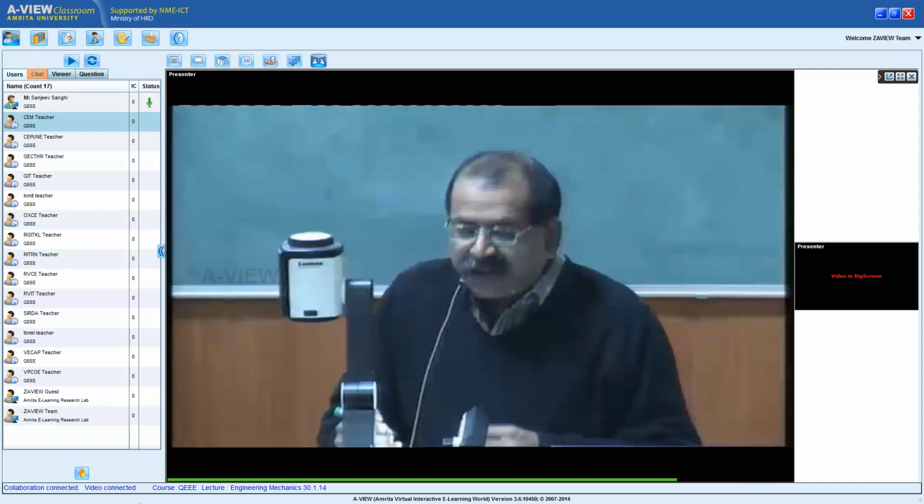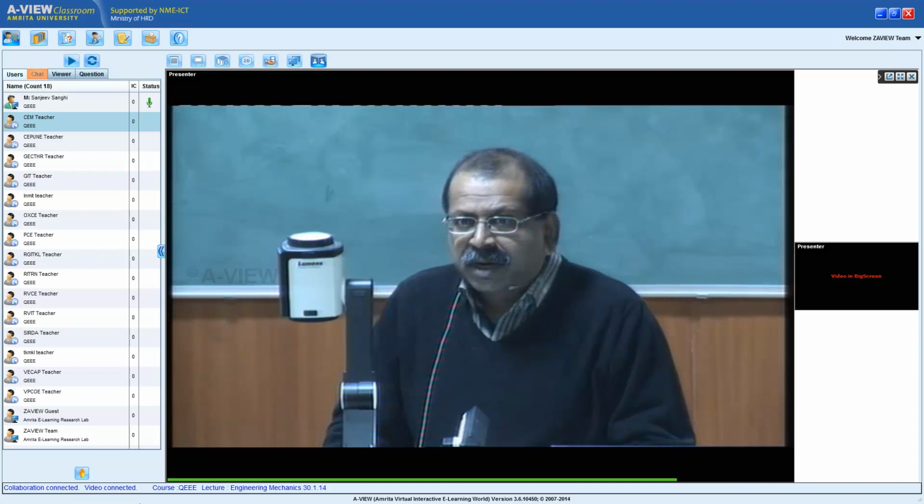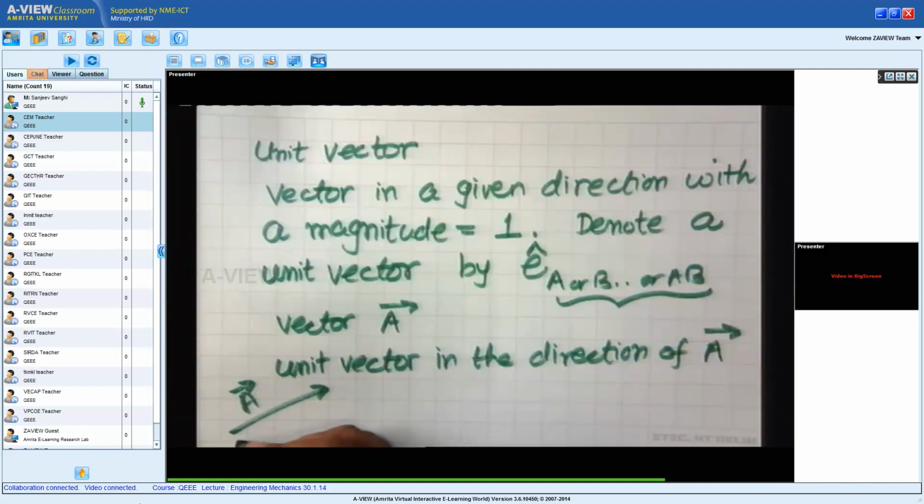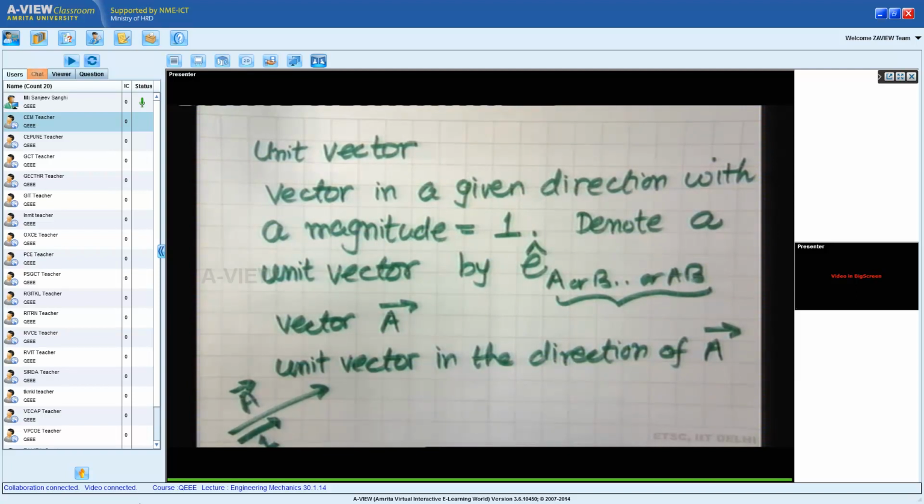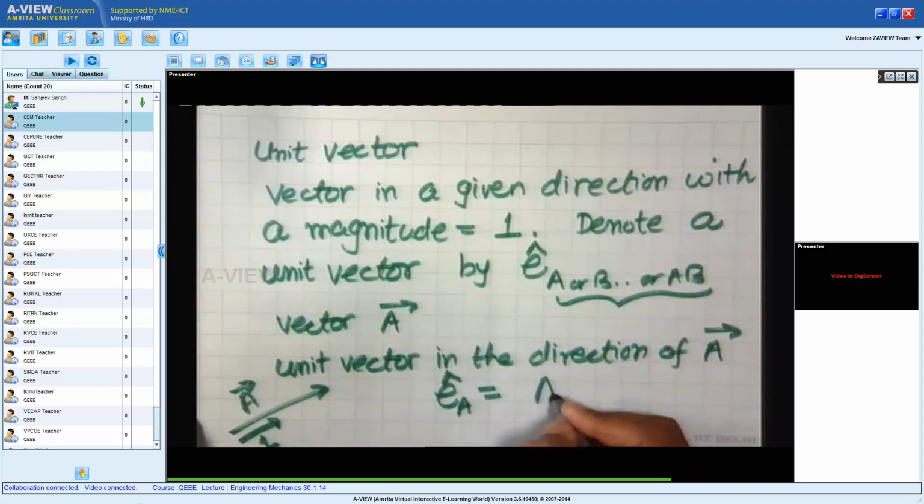Now, if I want to find a unit vector in the direction of A, what I have to do is move along this direction, and the length which I move has to represent a magnitude of 1. So if I write this unit vector as e sub A, this will be equal to the vector A divided by the magnitude of vector A.